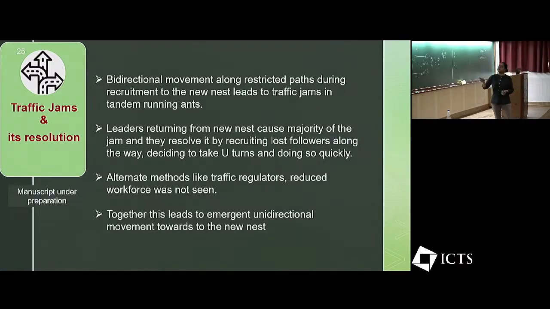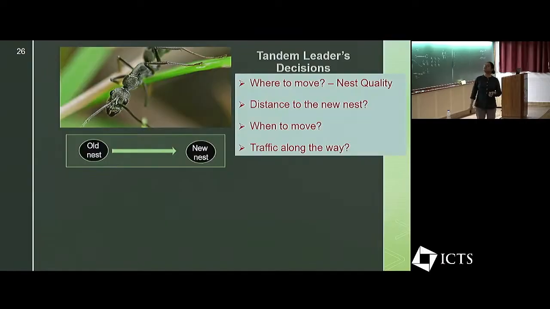And returning leaders' probability of making U-turns and the time they take to do it is extremely important. We tried other methods that the ants may be using, like traffic regulators or the workforce reduction, and we found that this is not operating in the system that we work with. So because of these adaptive decisions, it leads to an emergent unidirectional movement towards the new nest.